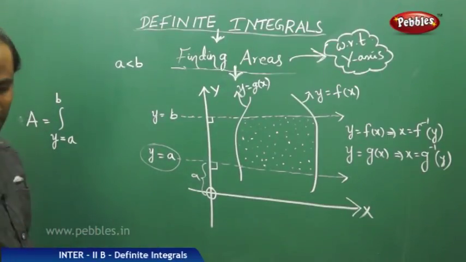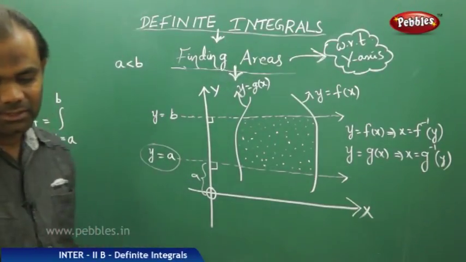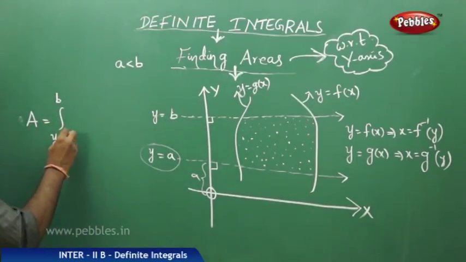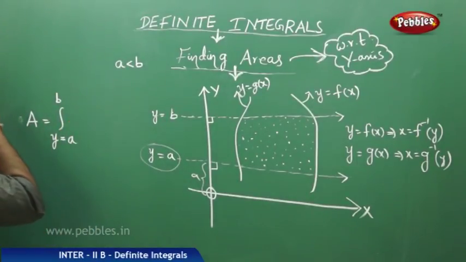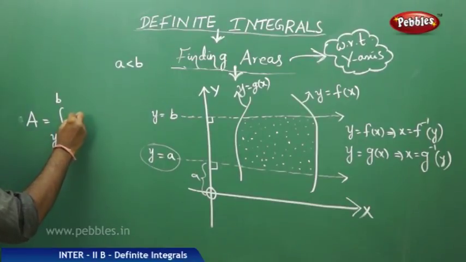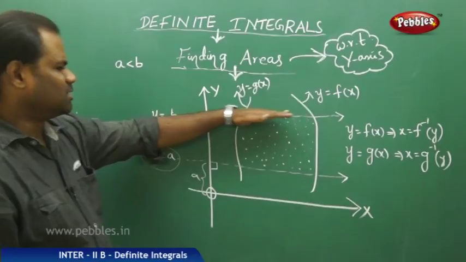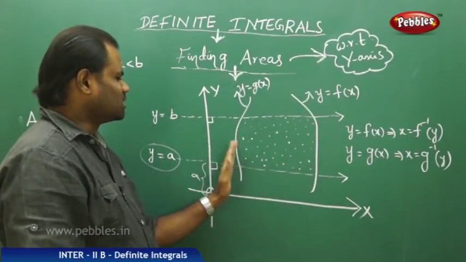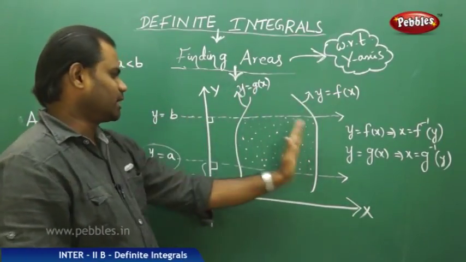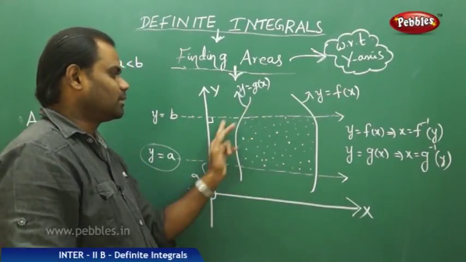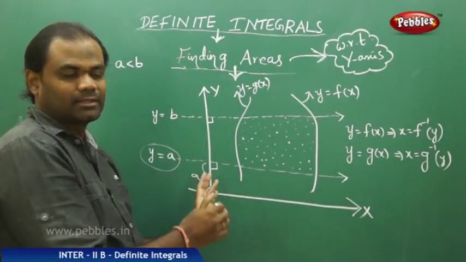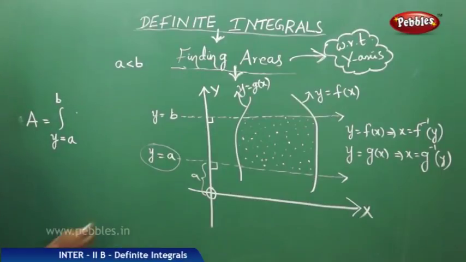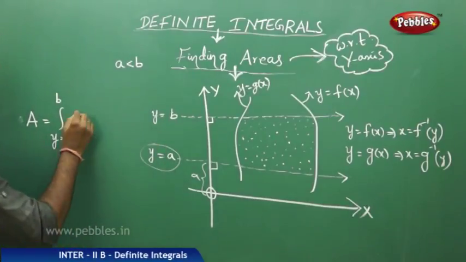Okay. So in this case, we find the areas using the upper curve. The upper curve in this case is this and the lower curve is this, because when you see with respect to y-axis, this acts as the upper curve and this acts as the lower, nearer and further. So therefore, my upper curve is given by y equal to f of x. So x is f inverse y.